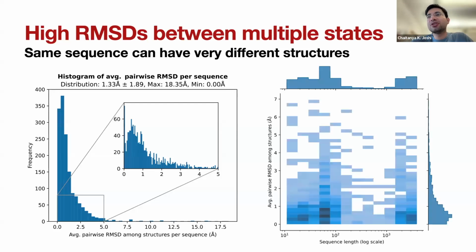We also tried to see whether this effect is simply due to sequence length, but we find that that's actually not the case, and that many shorter RNAs also have multiple states available for them. The other reason why this could happen could also be that it's harder to determine the structure of RNA, so it might be that they're being determined in multiple states as well.